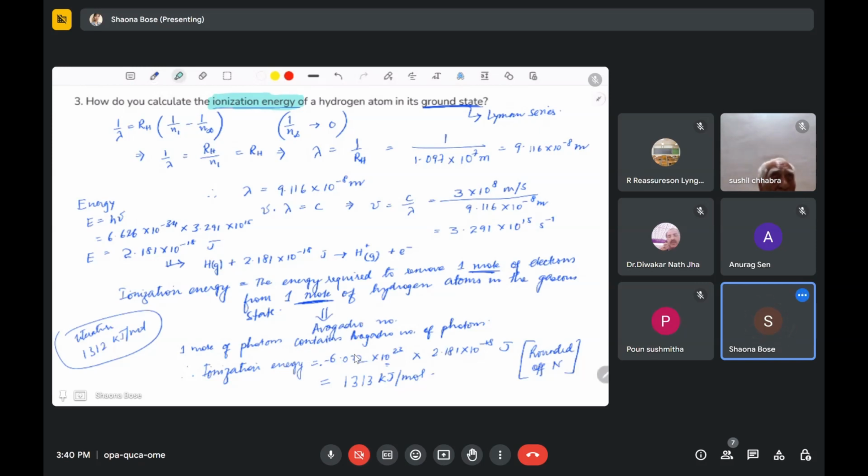So now if we want to write this same equation using the values that we got, we will get hydrogen gaseous form, and you supply 1313 kilojoule per mole, and you get ionized hydrogen gas.